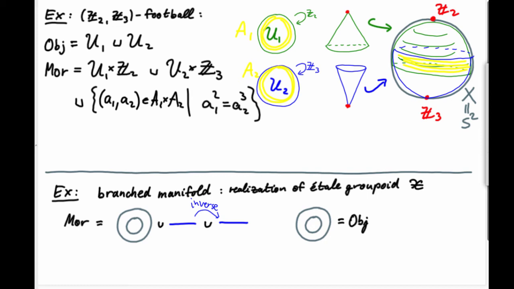Right, and then clearly the source and target map here just takes that point and goes to a1, a2. Whereas here, the source and target map takes a point (u, gamma) and maps it to u and gamma u.